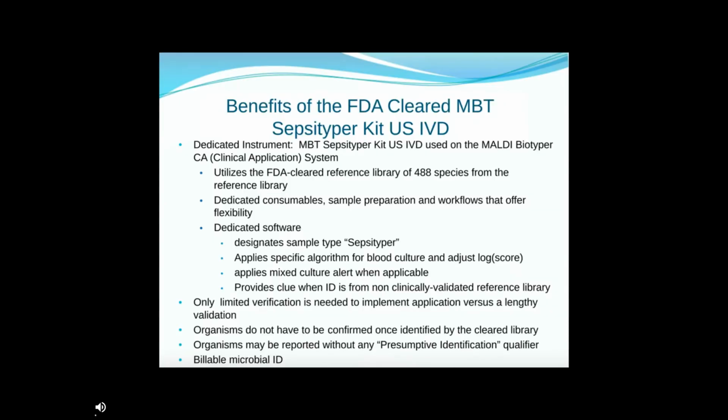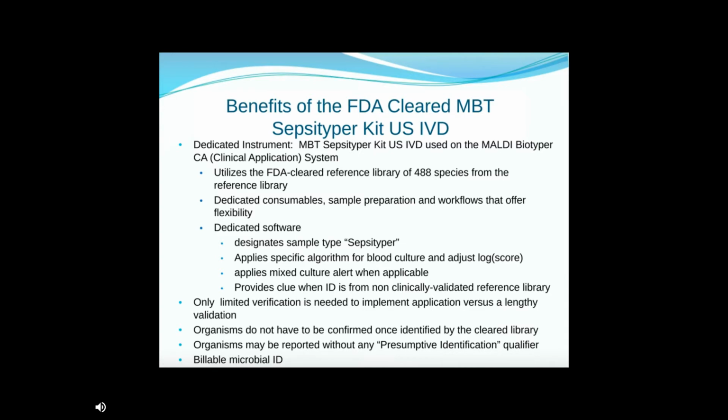So benefits of it being FDA cleared, I already mentioned a couple, saying that we can bill it now. It was nice because now it's just a limited verification because we already did the major validation earlier. It's on the clinical application side. It allows us to reference that library of 488 species.